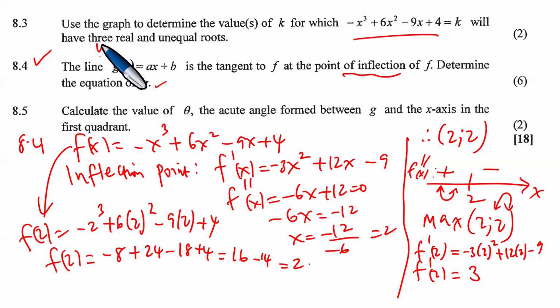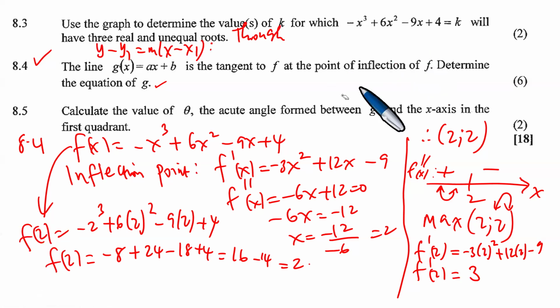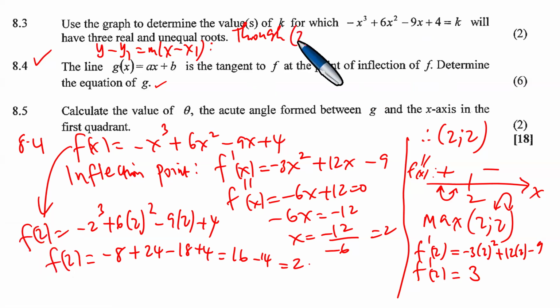So you have y minus y1, which is m into x minus x1. Okay, so it passes through 2, 2, but this is the gradient.